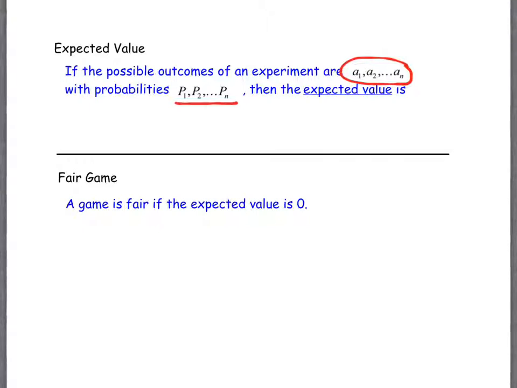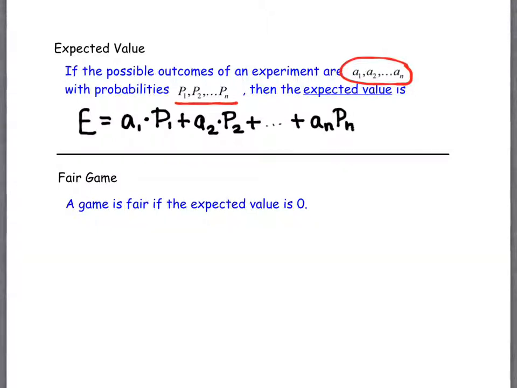The way that we calculate expected value, and we call it with capital E, is we take the event that happened times the probability that that event happened. And we do this for all of the events. So event 2 times the probability of event 2, all the way until we get to the very last event times the probability of the last event.